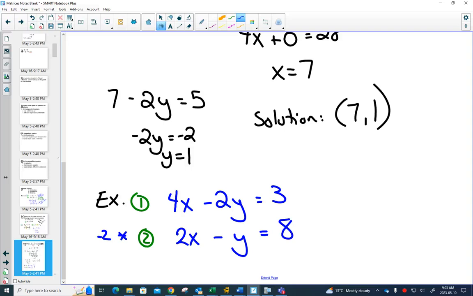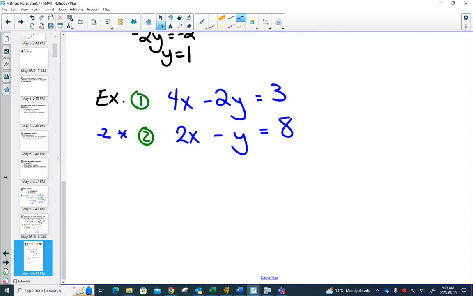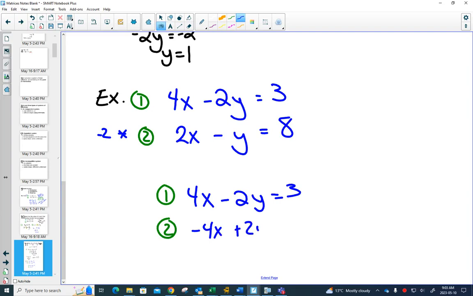You will find you make more mistakes subtracting than you do adding. So that's why I recommend multiplying by a negative here. I'm going to rewrite equation 1 as 4x minus 2y equals 3. And my equation 2 is now negative 4x plus 2y equals negative 16.